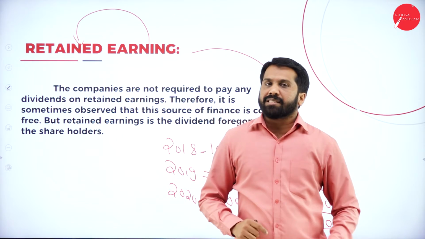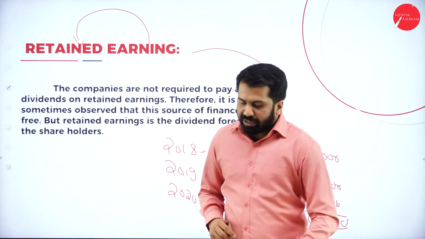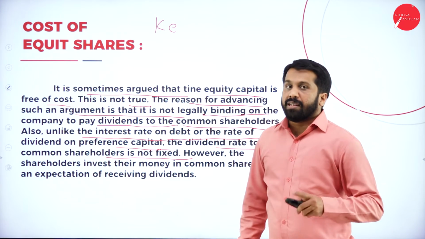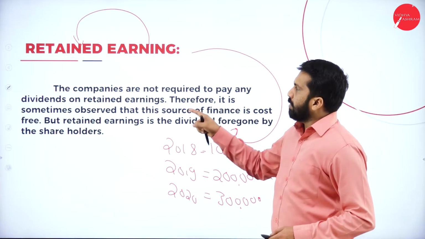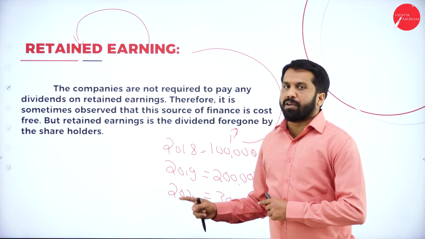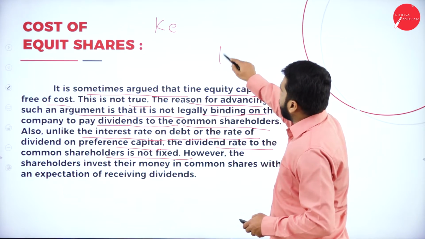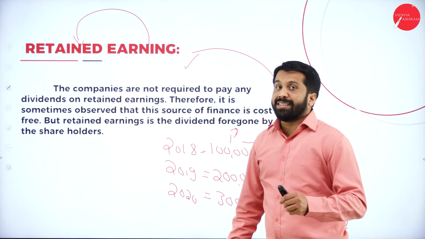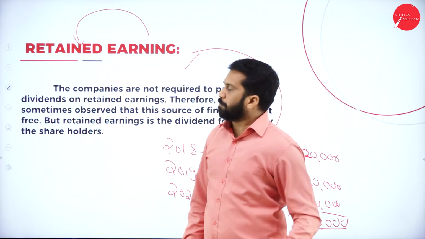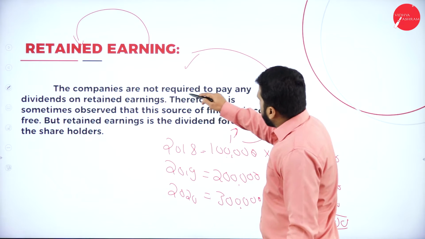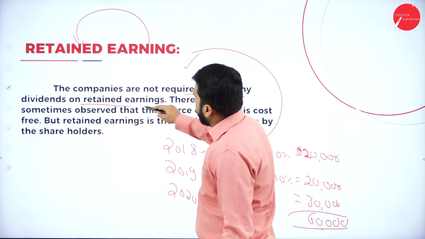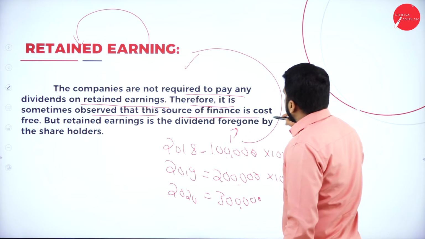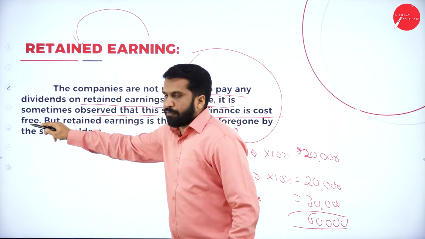But still we charge. How can we charge? Whatever answer you got for equity share, the same answer you consider for retained earning. Even though it is free of cost, if for equity shares you got 10% cost, the same 10% cost is taken for retained earning also. The company is not required to pay any dividend on retained earning. Therefore, it is sometimes observed that this source of finance is cost free.